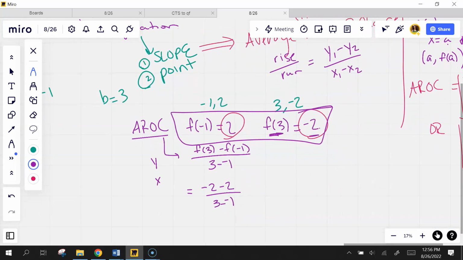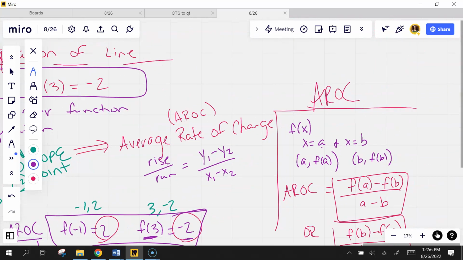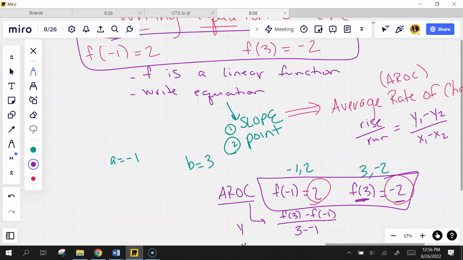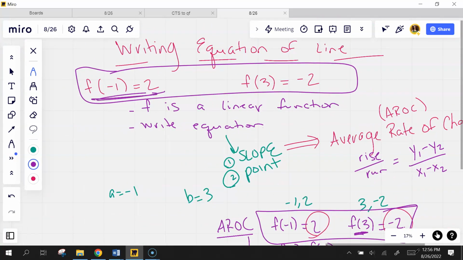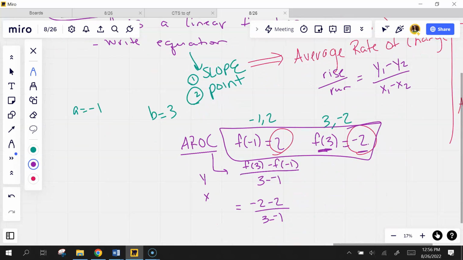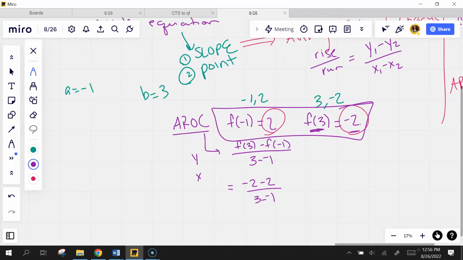Look. Remember the whole goal. We sidetracked over here on A rock and what is A rock. But at the end of the day, what we were trying to do is, given these two values, write an equation of the line for f. And f is linear. So the first thing I did was find the slope. And slope is the same thing as A rock. So I went through and found A rock. This point is -1, 2. This point is 3, -2. So to find the slope, it's just rise over run.